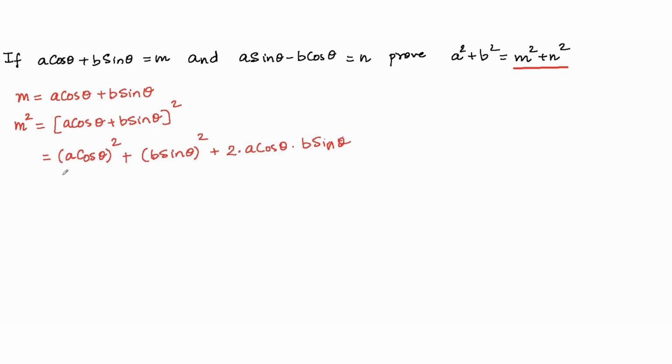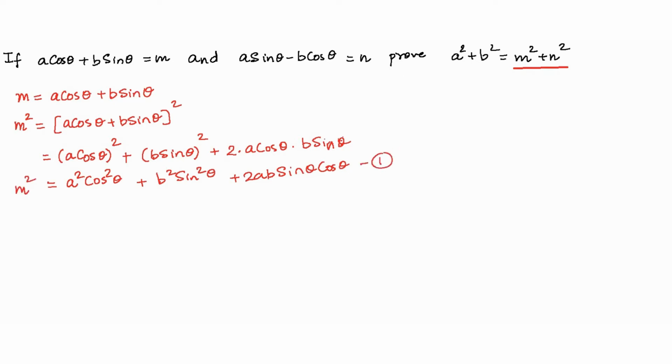So if I simplify this now, I get A square cos square theta plus B square sin square theta plus 2AB times sin theta cos theta. This is the value of M square.